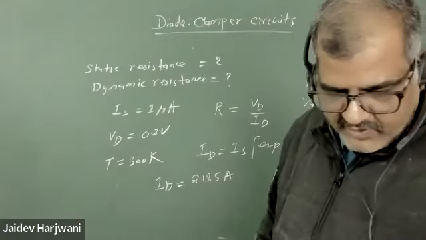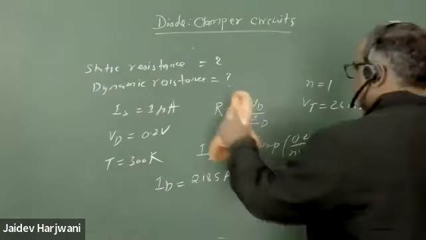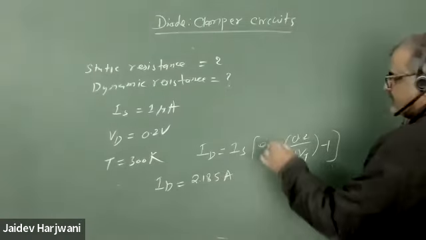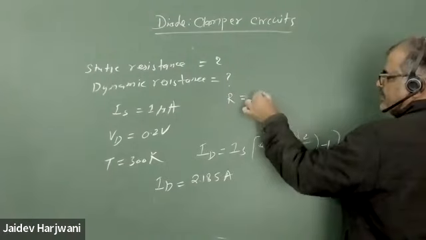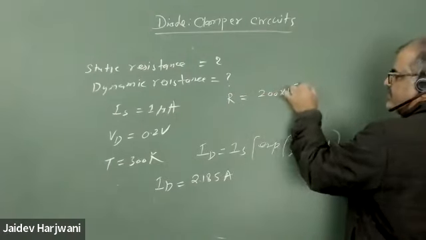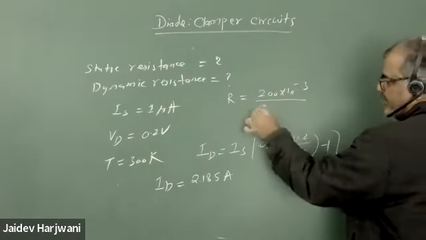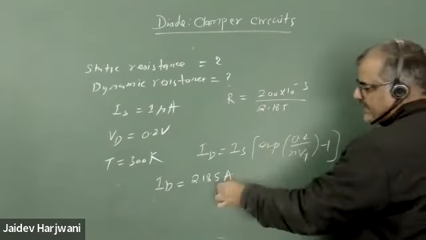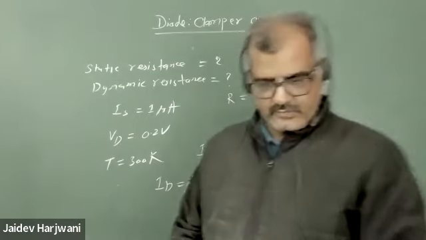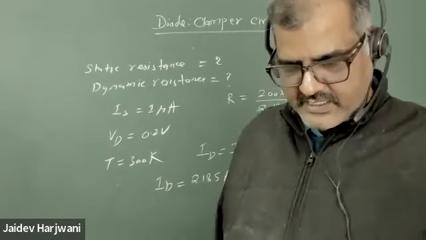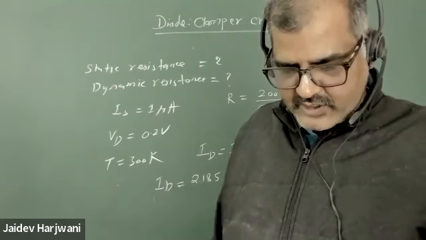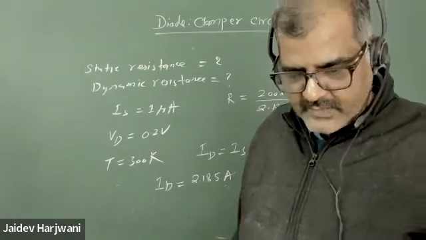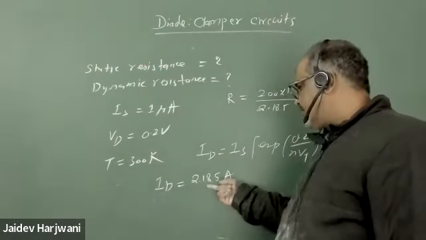So R will be 200 millivolt, that is 0.2 volt, divided by 2.185. Is this ampere or milliampere? Check. 0.0197 is coming, tell me whether this is ampere or milliampere.